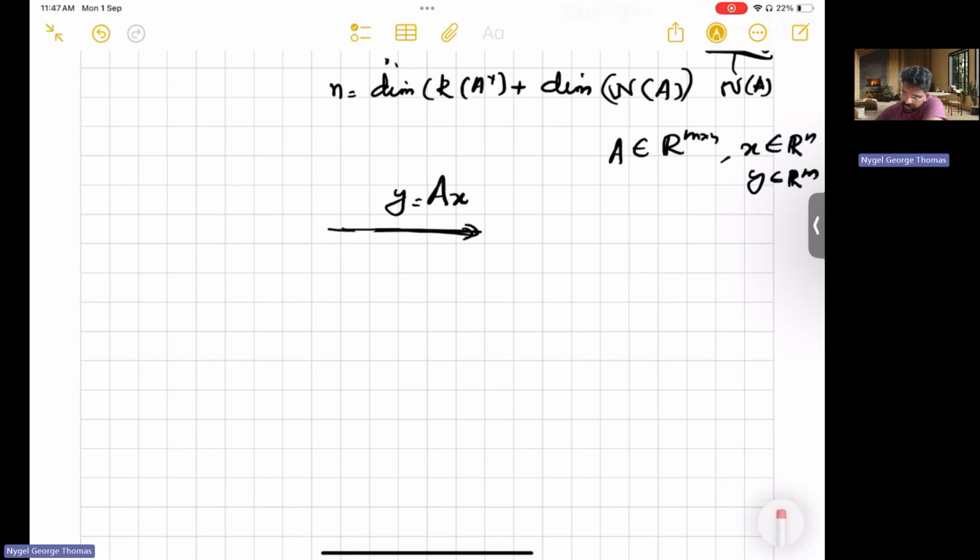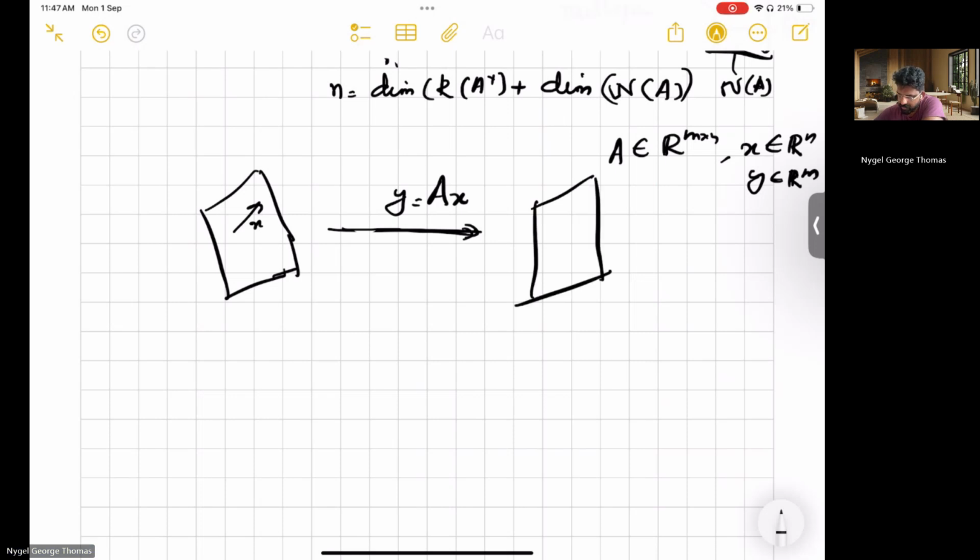We initially had a vector X in a subspace, and it gets transformed. The X which lives in Rn is transformed to Rm after the linear transformation. This is Y.